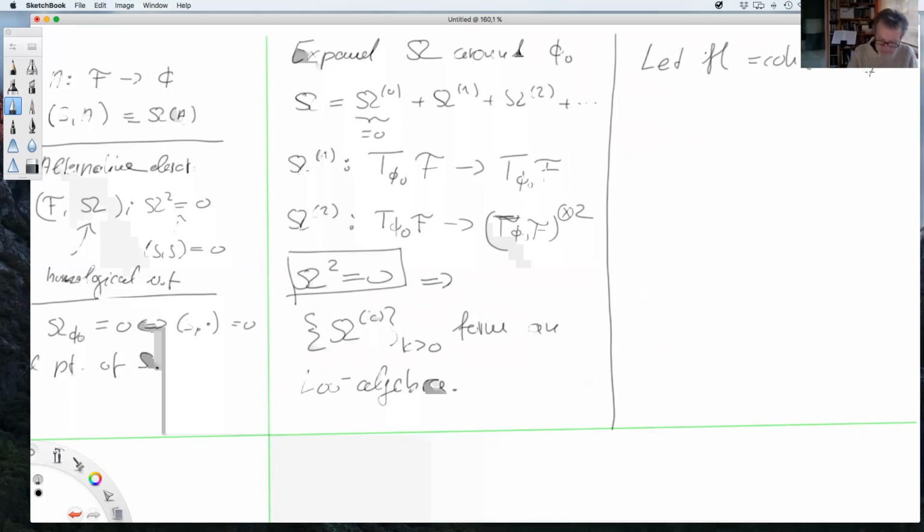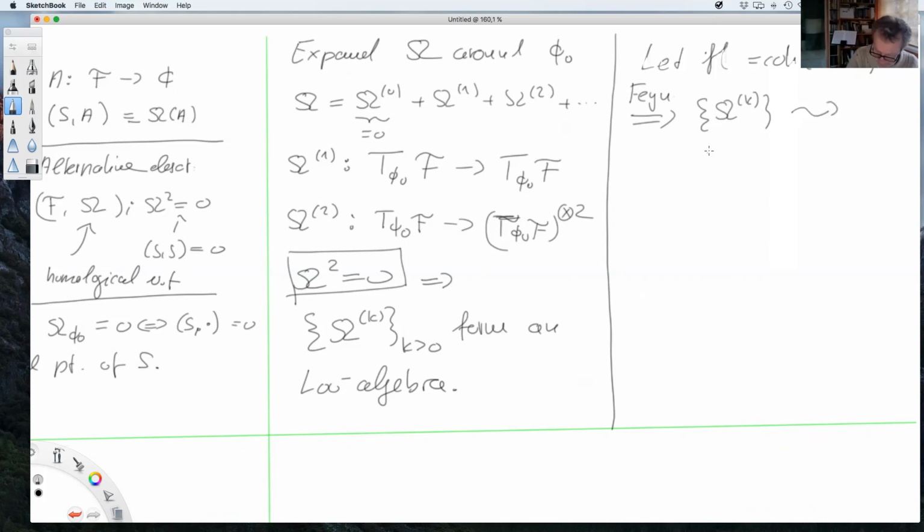Then there's another fact, which is basically what we usually call Feynman perturbation theory, Feynman rules, or LSZ reduction, all that stuff. It is basically saying that this structure of the omega k induces another L-infinity algebra, a minimal L-infinity algebra, which I denote by Sk.